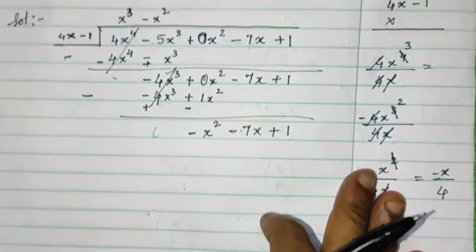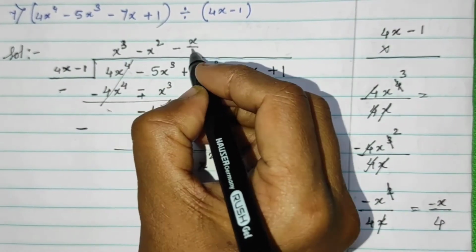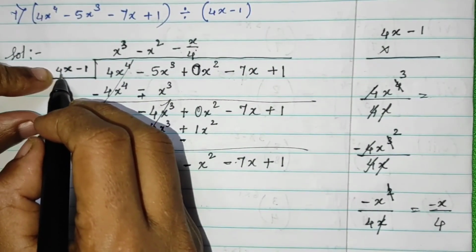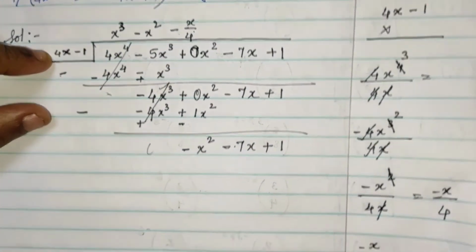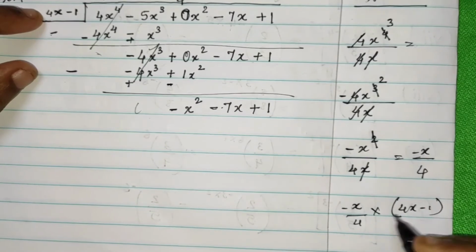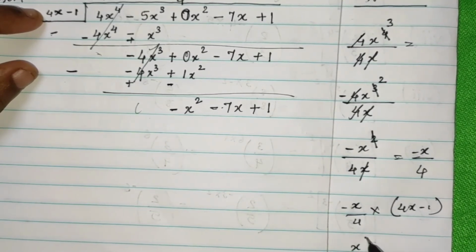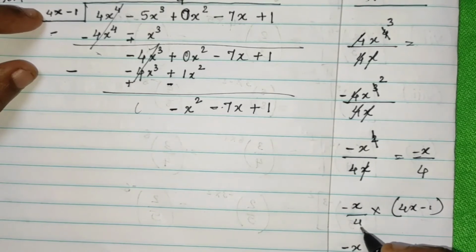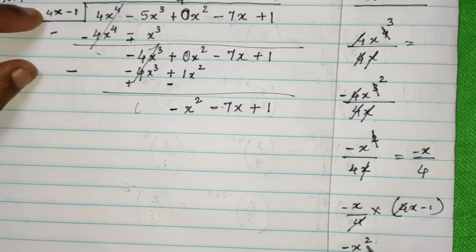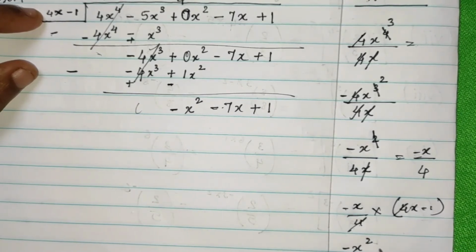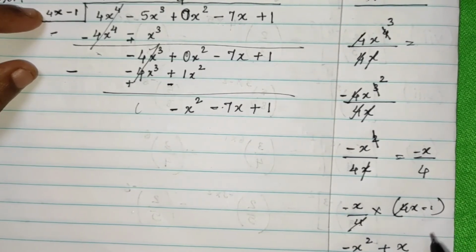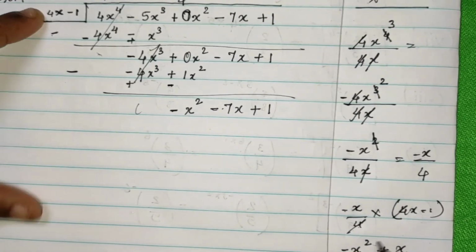So you will take minus x upon 4. Now you have to multiply this minus x upon 4 into this term. So let's see, minus x upon 4 multiplied by 4x minus 1. X into x, x square, minus into plus minus. This is in the denominator, so this 4 and this 4 will cancel. So you are left with this. Then minus into minus plus, x 1 is x, and the 4 that was there will come for it. So you get this.